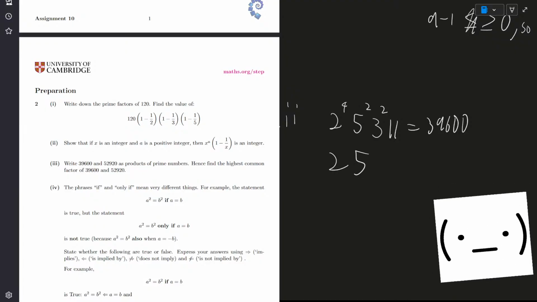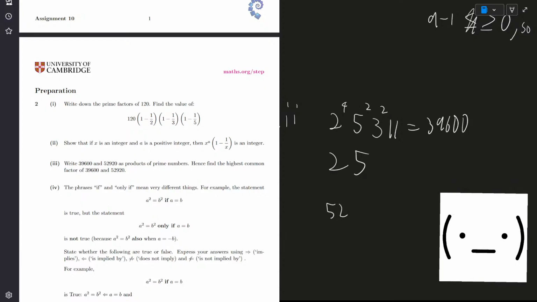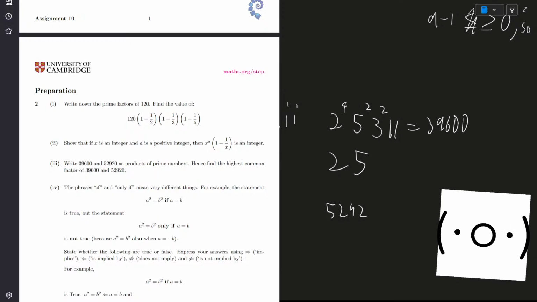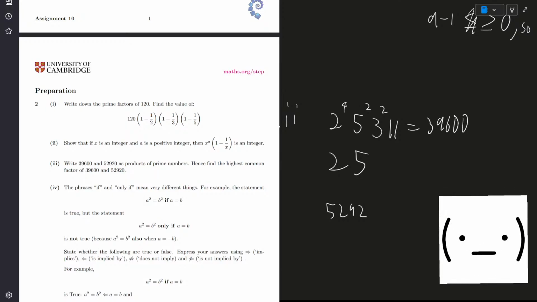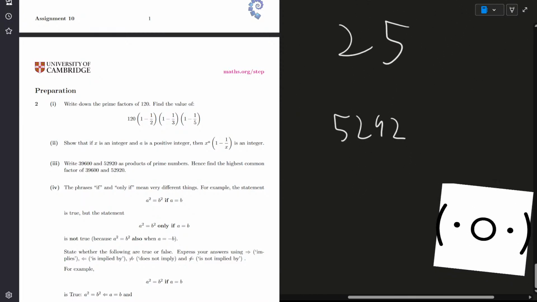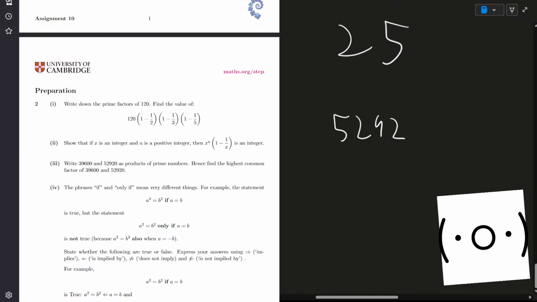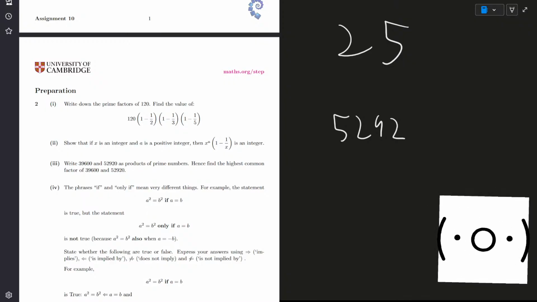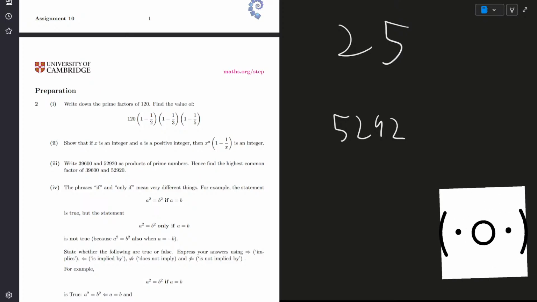Then we apply the same process for the other number. It's divisible by 3, so let's see how. It's rather an annoying, complicated, involved process.